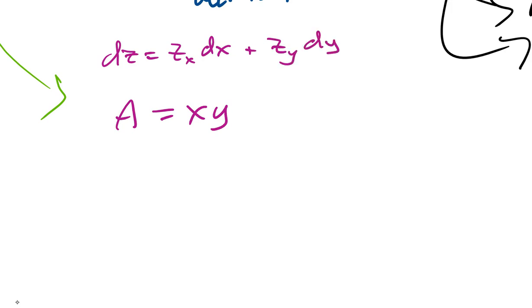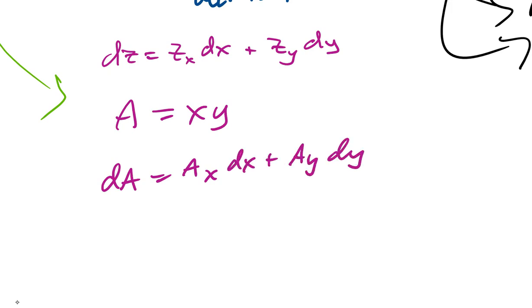All right, so in this case it's A. So it's dA equals A sub x dx plus A sub y dy. Now, A sub x in this case would be just y, just the derivative with respect to x, times dx, plus x times dy.